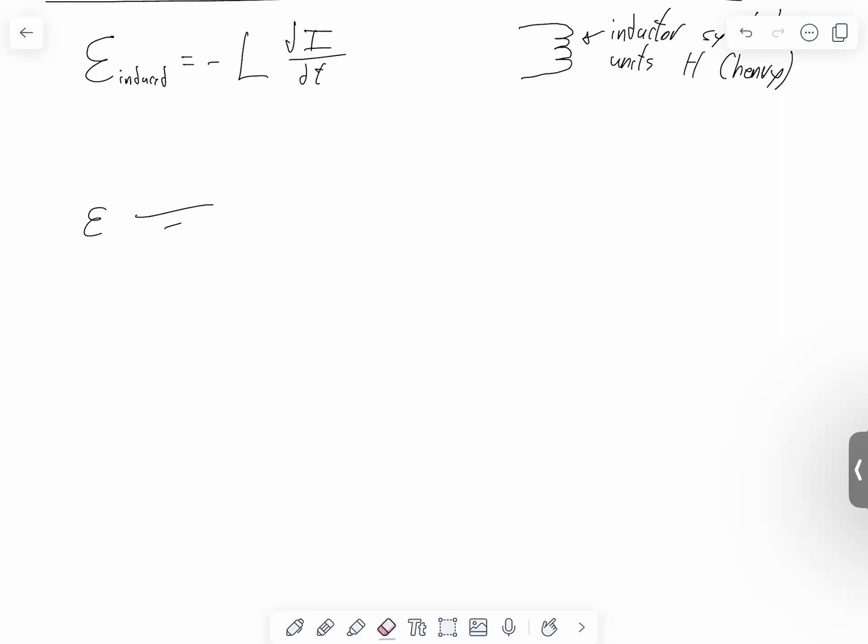I've been writing script E in significant part because for a while we've been having velocities too. And I've been emphasizing that inductors can be a source of energy. The energy stored in the magnetic field can get released and provide a voltage. Remember, that's the difference between script E and V.